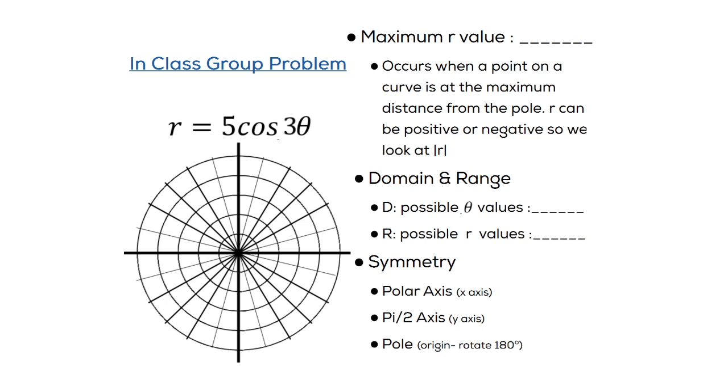All right, this first example that we did is in this format right here. And we actually consider that it looks like this. It's r equals a cosine b theta. So the a and the b are those two numbers, and those numbers dictate what this graph ends up doing.